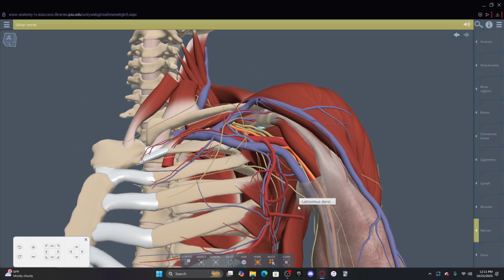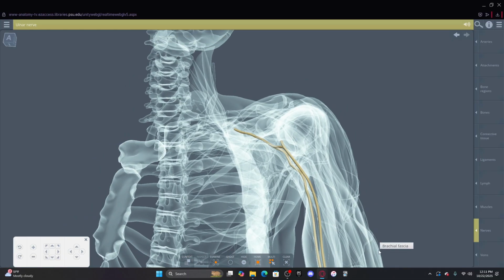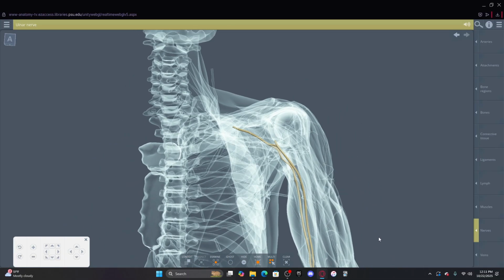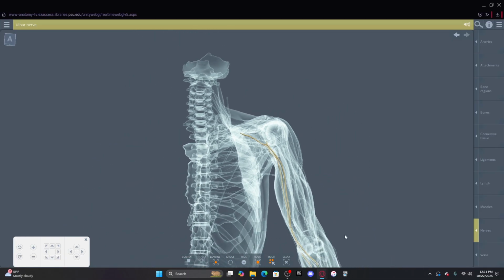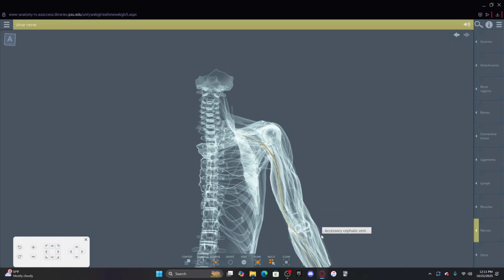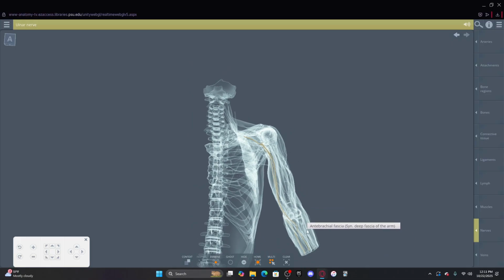Our ulnar nerve is going all the way from the axilla, otherwise known as the armpit, to our forearm and our hand. So our ulnar nerve is going to innervate most hand muscles and some anterior forearm muscles.